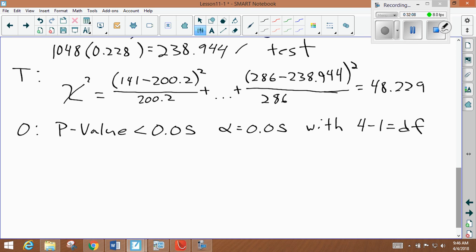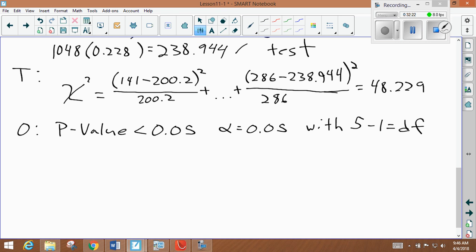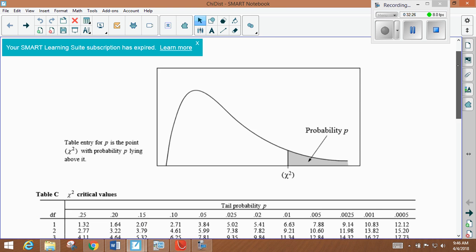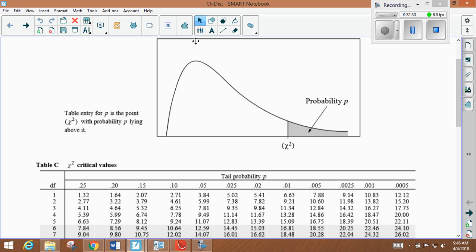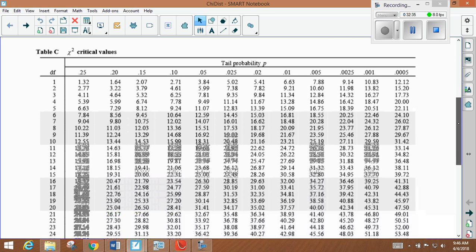And since we're on the topic of degrees of freedom, let's go ahead. Oh, sorry. Thank you. Since we're on the topic of degrees of freedom, all right. So if we did not have the calculator, we will get out our handy-dandy chi-square distribution, and we will look at our degrees of freedom equal to 4.